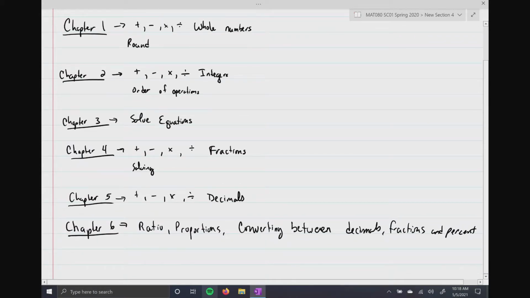We also did sales tax, commission, and discounts. So when you think about it, we did a lot. Okay? So I'm going to give you a minute to write that stuff down, and then I'll get started with our review.